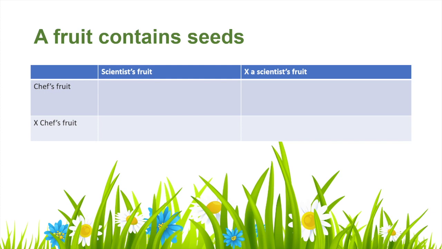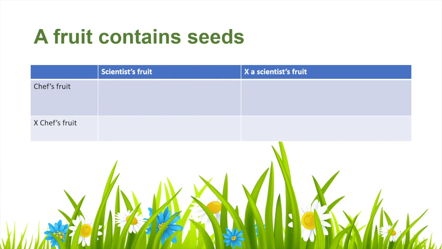Carroll diagrams are used to group things according to whether they have a certain criteria or not. Our criteria today is scientist's fruit or not scientist's fruit, chef's fruit or not chef's fruit. A chef's fruit is something that a cook or a chef, or maybe you at home, would use to make a pudding or a sweet.